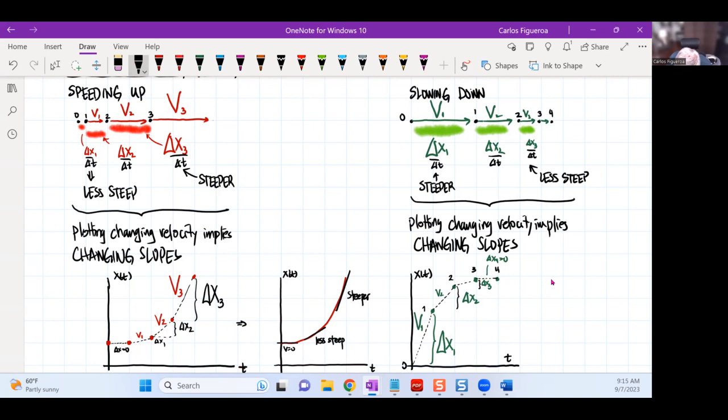So if I now put this all together and say that we don't have jerky curves like that in nature, then my curve is then going to look like this.